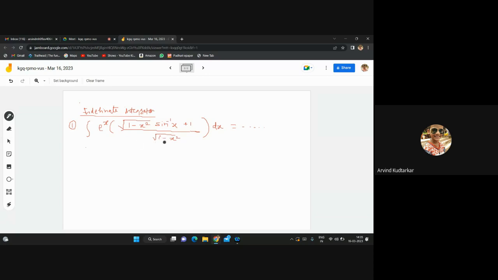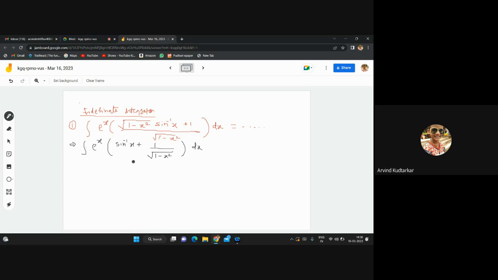Here, when you divide root of 1 minus x square into each term of the numerator, the root will cancel, and there remains sine inverse of x plus 1 upon root of 1 minus x square, into dx.